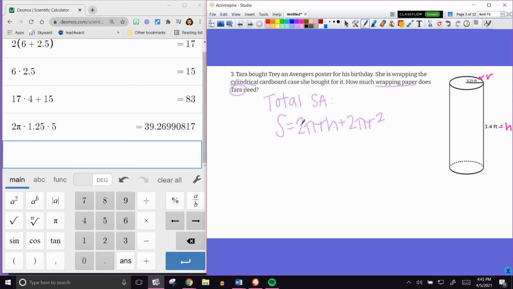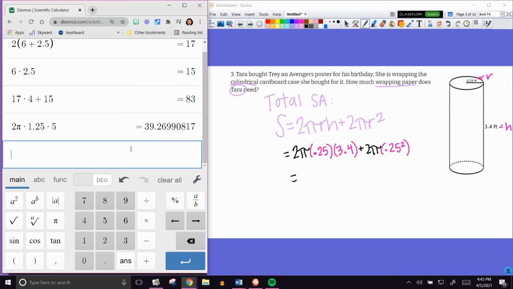So I have 2 times pi times the radius, which we just said was 0.25, times the height 3.4, plus 2 pi, and again, the radius is 0.25 squared. Okay, so I'm going to go to my calculator and type this all in at once. No need to do it in 2 parts. 2 pi times 0.25 times 3.4 plus 2 pi times 0.25 squared.